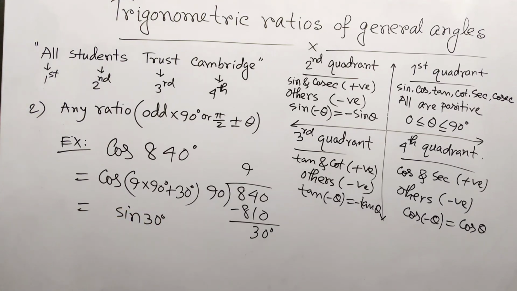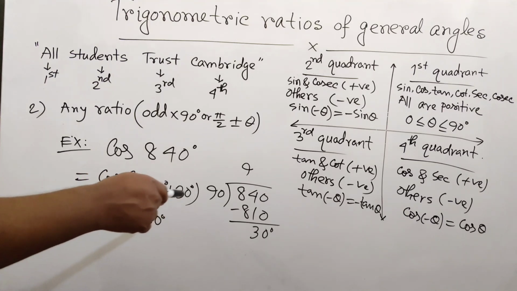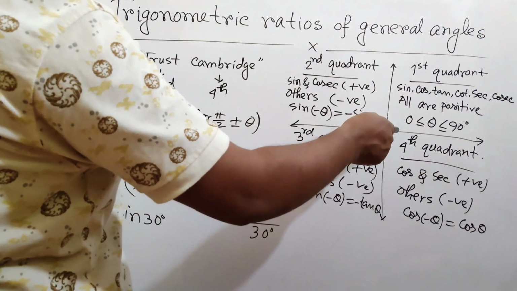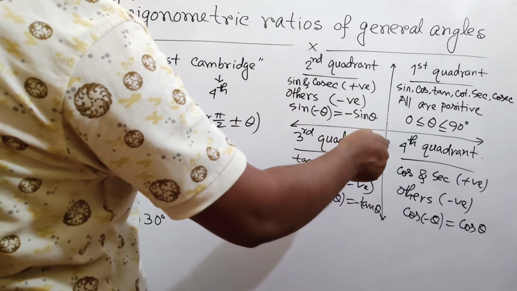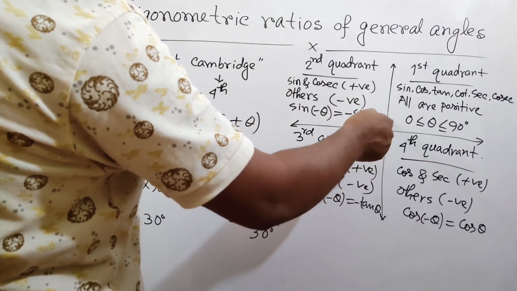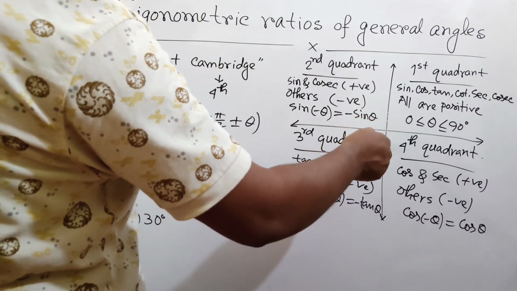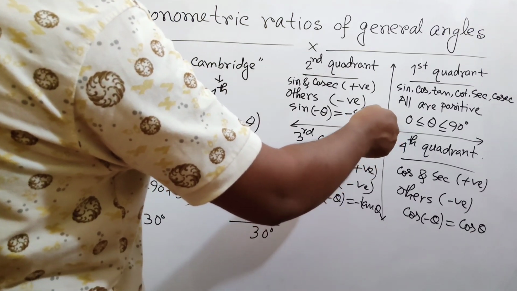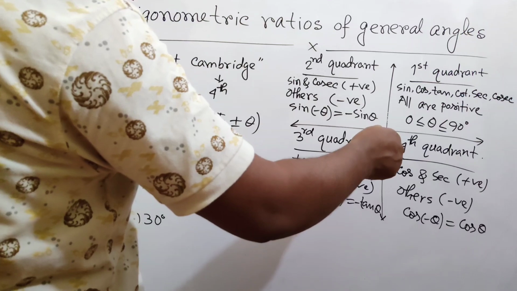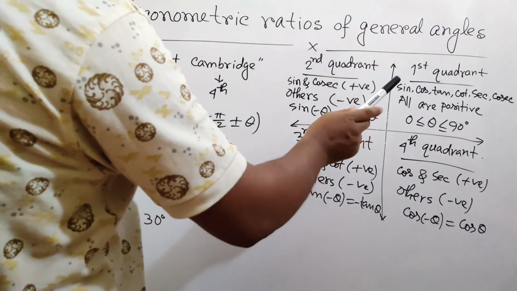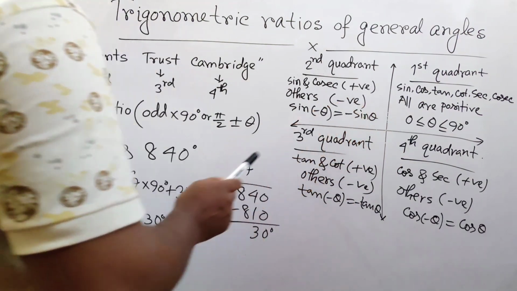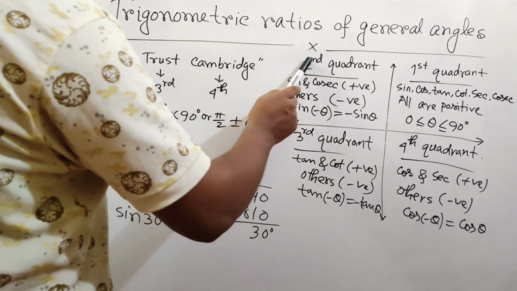Now the question is what will be the sign, positive or negative. Here look at 810 plus 30. If we count here, 90, 180, 270, 360, again 450, 540, 630, 720 and 810, and after that another 30 degrees. Look, the last position of this angle is in the second quadrant.